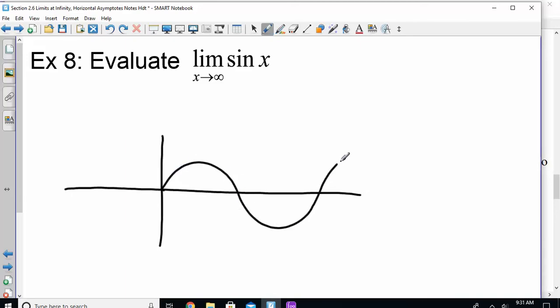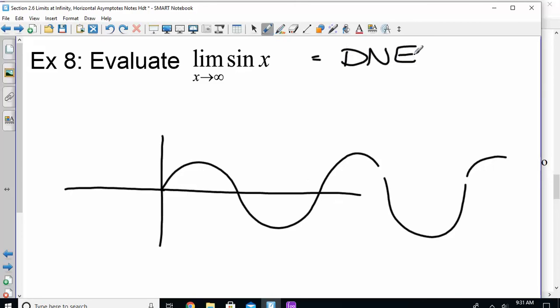It keeps bouncing back and forth between -1 and 1. Does it ever stop? No. So as it goes on to infinity, does it approach any certain number? No, it just keeps bouncing back and forth. So what would my answer be? Just bouncing back and forth there.